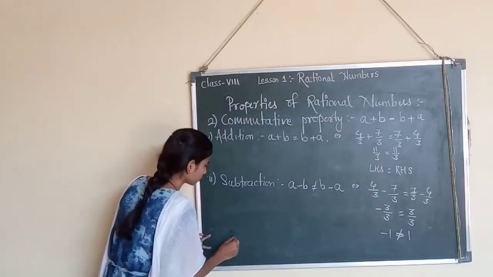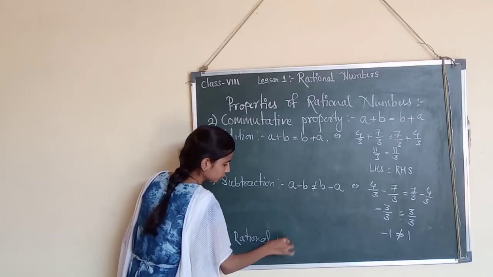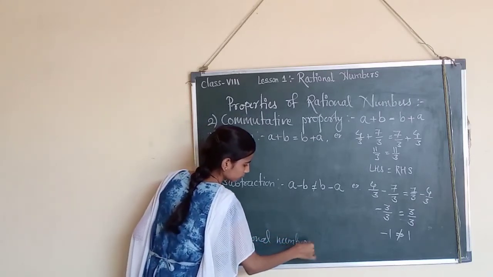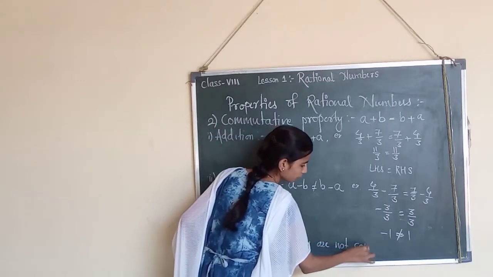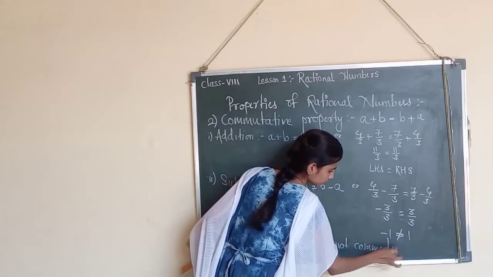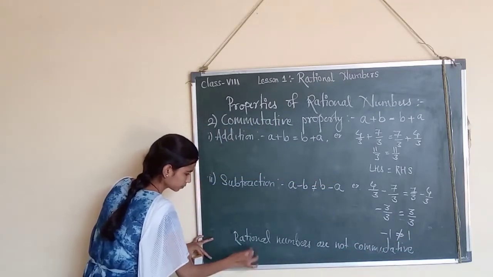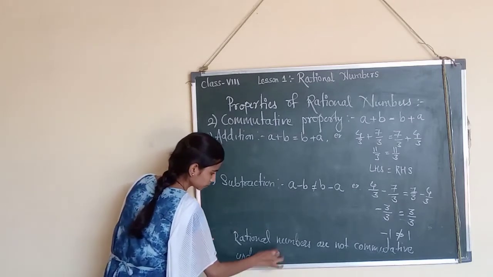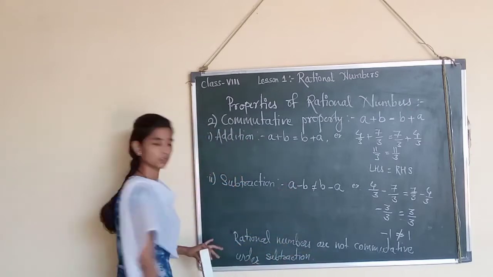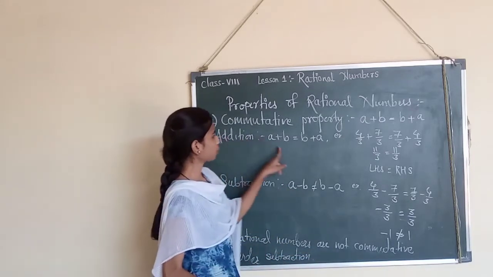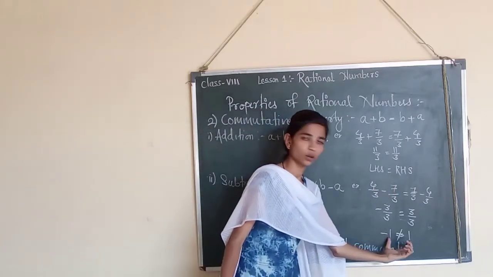So rational numbers are not commutative under subtraction. LHS is not equal to RHS in subtraction.